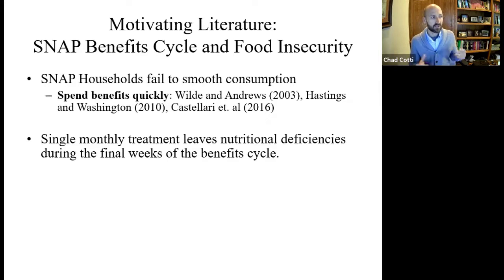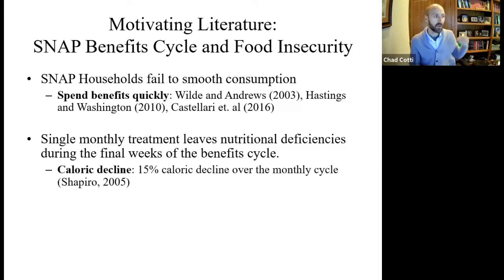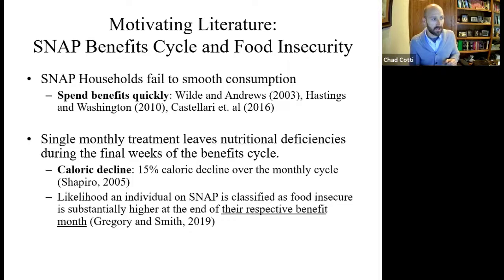And consequently, there's been research that's shown that this kind of single monthly treatment leaves households in a nutritional deficit, or in a caloric deficit, towards the end of their respective benefit cycle. So Shapiro finds about a 15% decline in caloric intake over the course of a household's specific monthly benefit cycle.